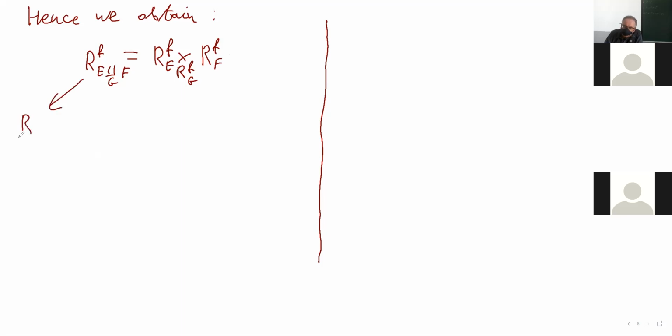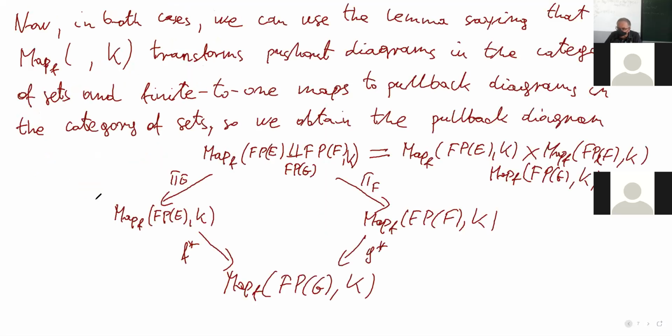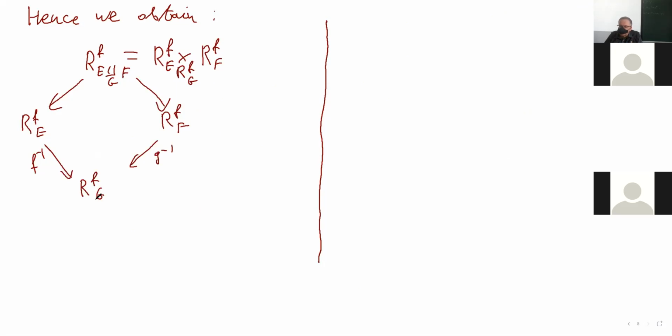Here we map to RFE, there we map to RFF, and here we have the pre-image maps, F pre-image and G pre-image, going to RFG. Okay, and I can do it so freely now because I just spent some time explaining to you that the pullbacks and the pre-images are identified naturally when we identify the set of all subsets with maps into the two-element set, okay?